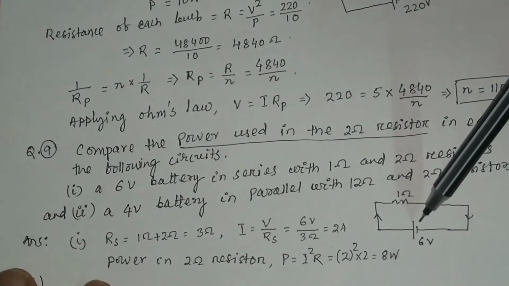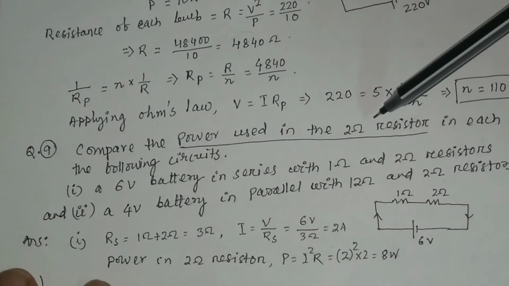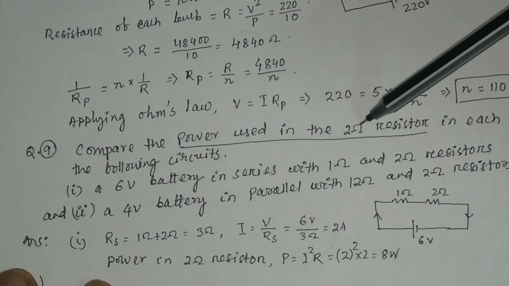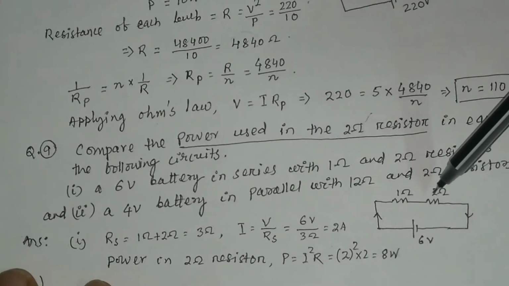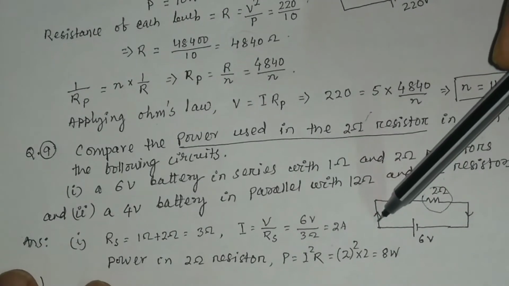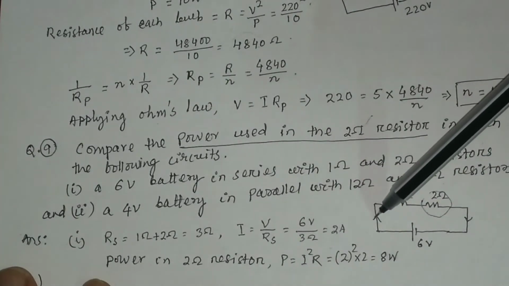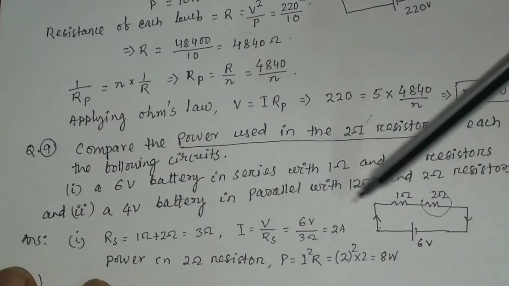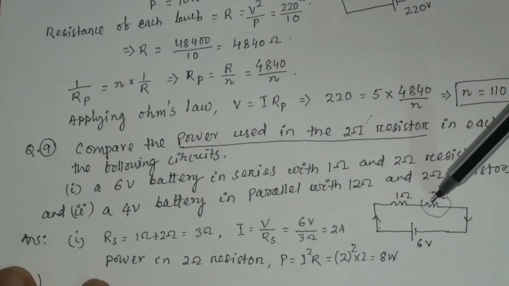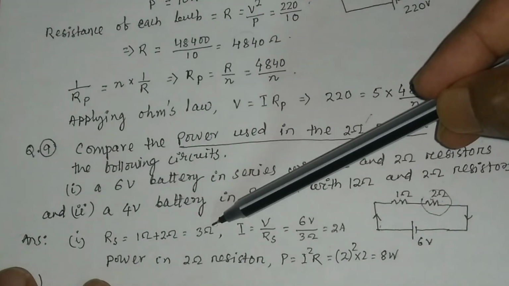The potential given is 6 volt and you have to compare the power in the 2 ohm resistor. In series connection the current remains the same. So now calculate the current flowing through this circuit. When the two resistors are connected in series, the effective resistance will be equal to 3 ohm.